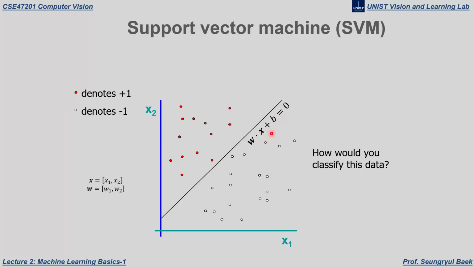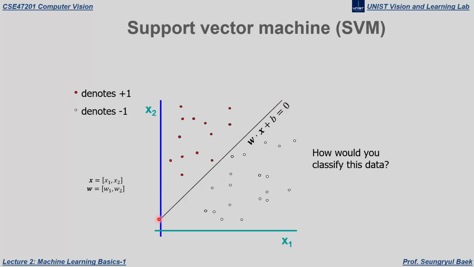But the thing is, we have to update these w and b parameters to output 0 for these locations. This location is the line that can completely divide red samples and the white samples.